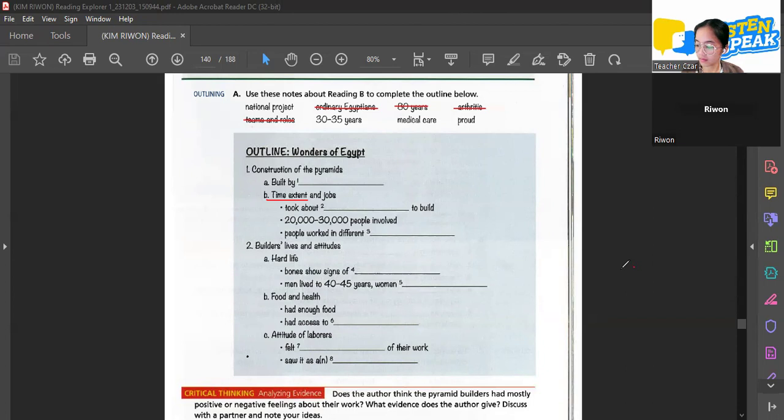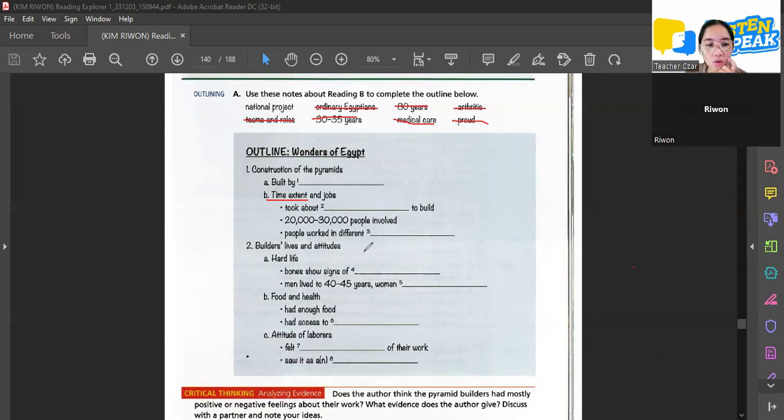Women 30 to 35 years. Okay, good. Food and health. Had enough food. Had access to medical care. Attitude of laborers. Felt proud of their work. Saw it as a national project.